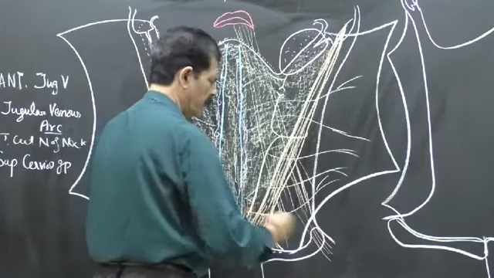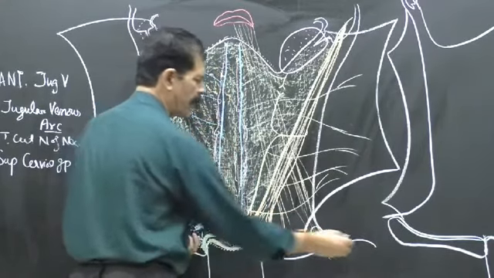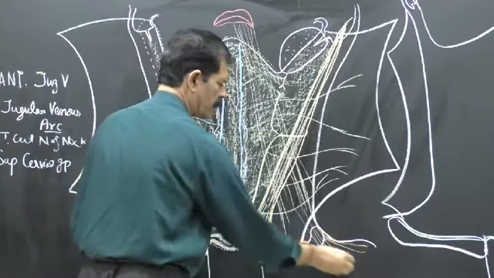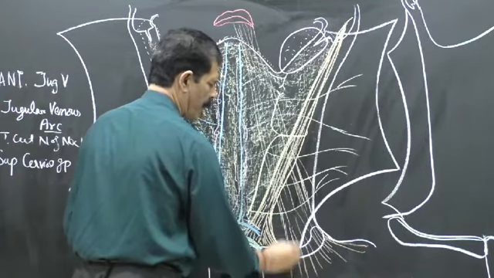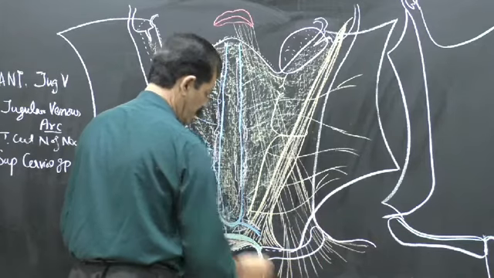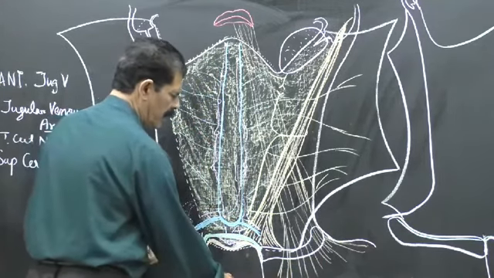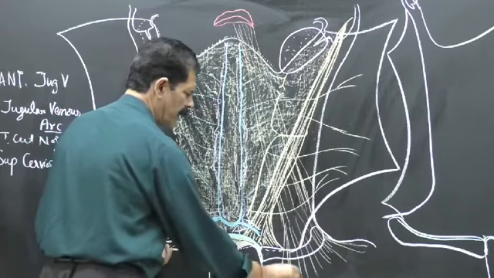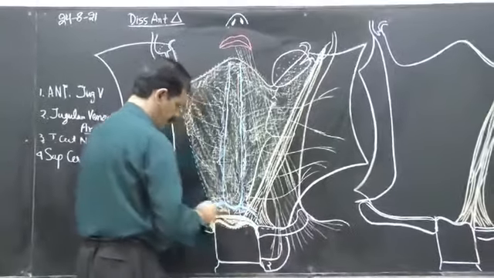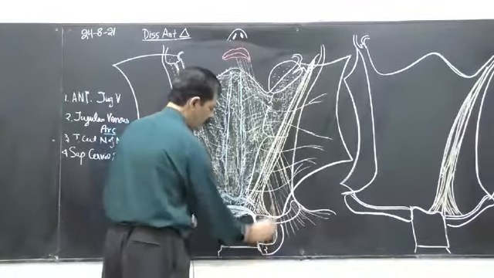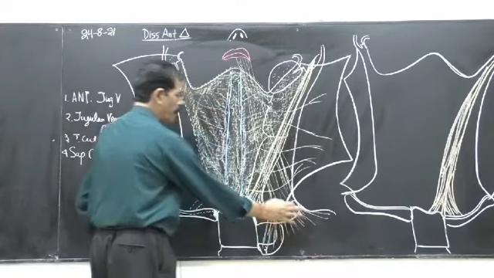Plus it also takes origin from the fascia over the deltoid muscle laterally. Plus this is the sternal angle. And what is the sternal angle? Which rib is attached here? Second rib. So it takes origin from the second intercostal space also. So this is the origin of platysma.